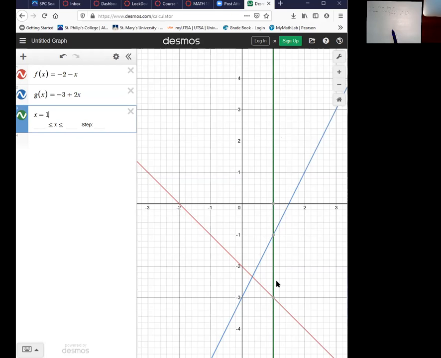Okay, so just to give you an idea, ignore the green line, it's just a border so you can distinguish this. So the first one on the paper, -2 minus x, happens when it's less than or equal to 1. So this line will be going upward. That's the red one, right? When it's below 1. Below 1 meaning on the x, this direction. So all the way up until here, this line is important. And then we switch to the blue one. When x is greater than 1, you graph -3 plus 2x.